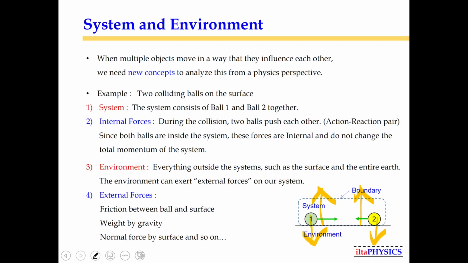The important thing here is that, unlike internal forces, forces acting on the system from the environment can change the total momentum of the system. Therefore, depending on how we define the system, in other words, how much of an area we include in our analysis, the way we interpret the object's motion can change completely. Now, let's look at the different types of systems on the next page.